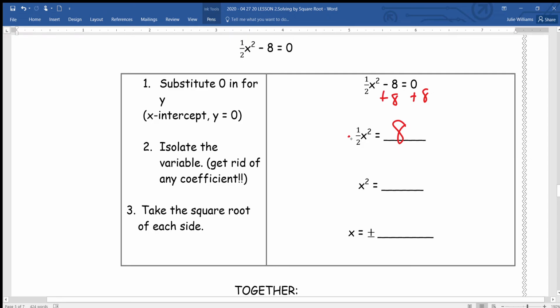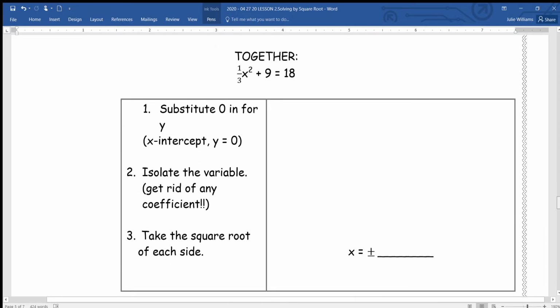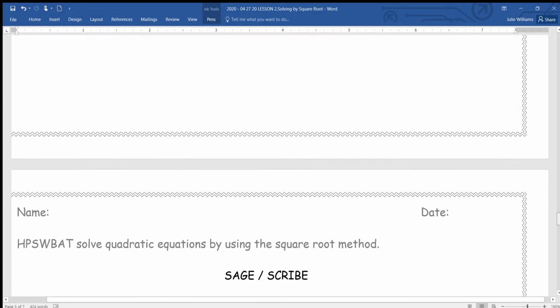So remember, all you do is multiply by the reciprocal on both sides. It goes away on the left, which is what I wanted. So I'm left with x squared is equal to 8 times 2, which is 16. Take the square root of each side. X is equal to plus or minus 4. All right, same idea there.